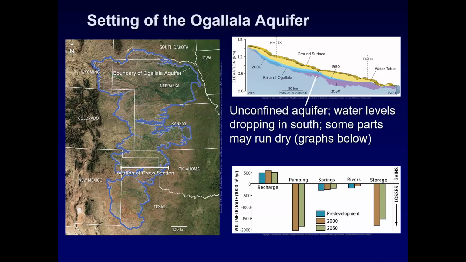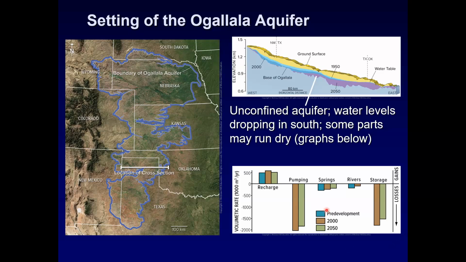What it is, it's an unconfined aquifer in Cenozoic sediments and sedimentary rocks. So relatively recent stuff. Unconfined kind of puts it at risk, right? There's no impermeable barrier protecting it. But it can also perhaps be recharged with precipitation.